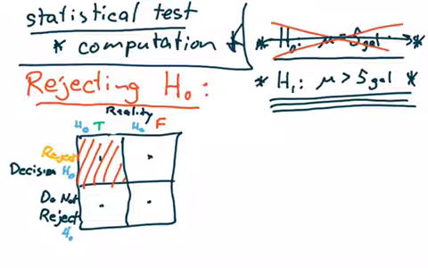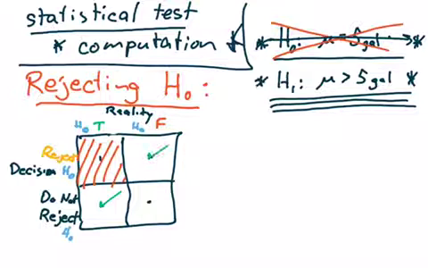Right? Well, let's see. Over here, if we have H subscript 0 being true and we don't reject it, that would be a correct decision. Put a little check mark there. Right? What happens if H subscript 0 is actually false and our decision is to take that and throw it away?